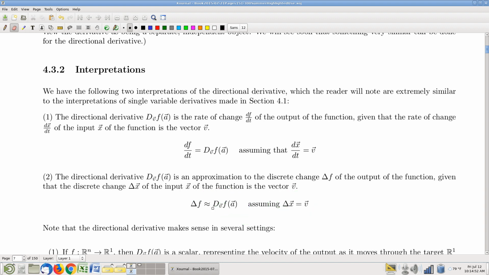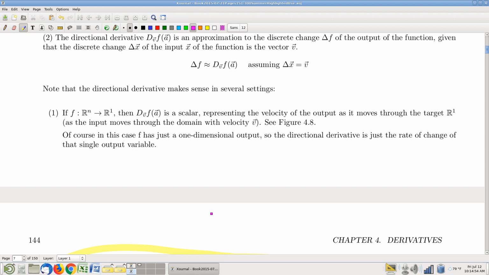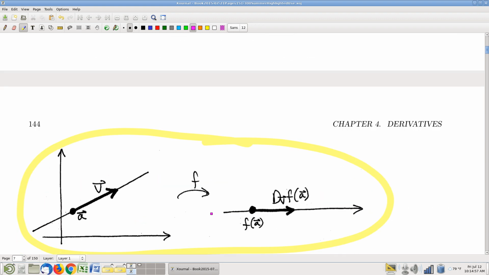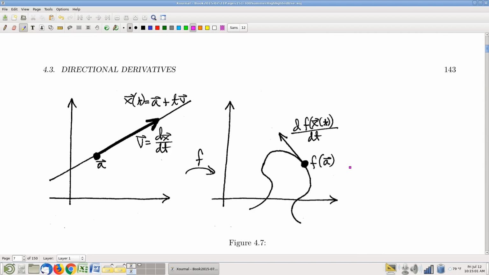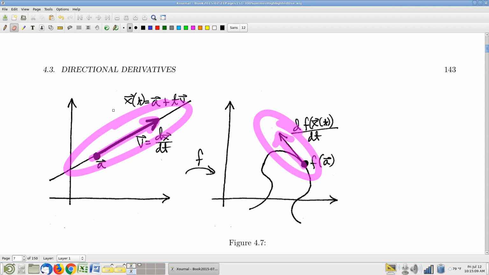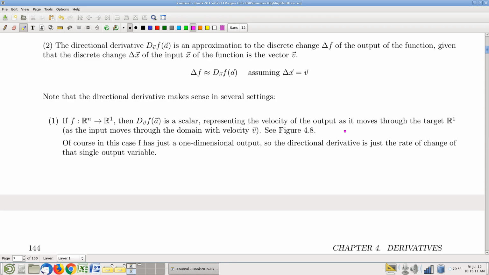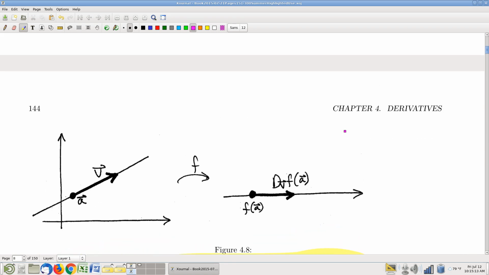Okay. All right. So let's talk about different contexts in which this can make sense. We've already talked about this one here, where if you have a function from a multivariable domain into a multivariable target, then it's a relationship between input velocity and output velocity. What happens, I ask, rhetorically, what happens if our target is just R1?